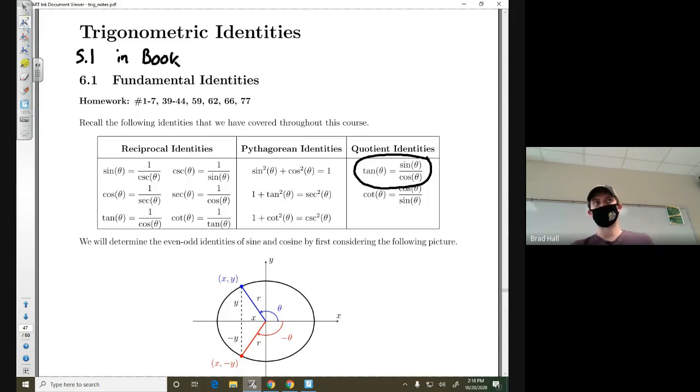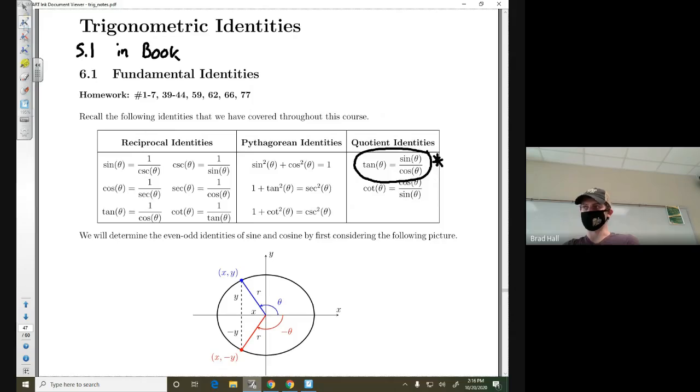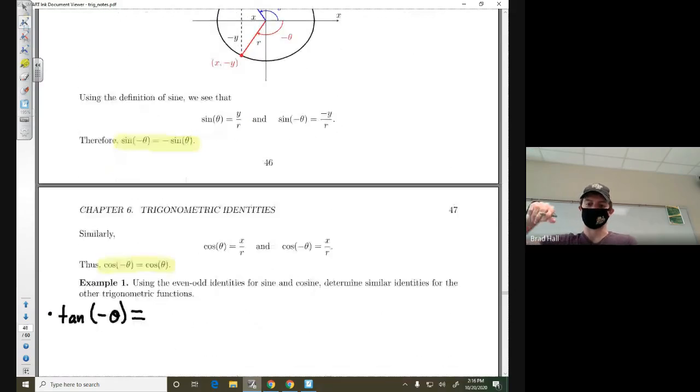You're going to need to have these formulas close at hand as you go through these, because some of them might appear rather arbitrarily. But noticing that tangent can be broken down, and we're going to be using this one a lot, you might as well get used to that quotient identity, as it's called. Tangent is sine of theta divided by cosine of theta.